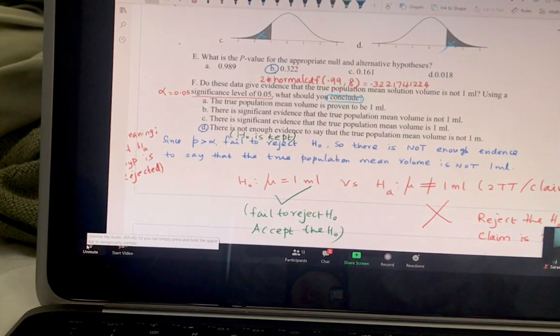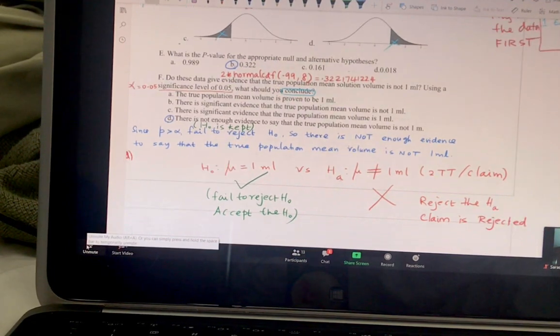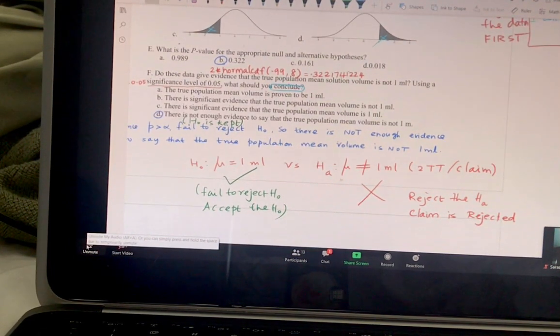Okay, so out of the two statements, one statement is mu equal to 1 ml versus another statement that mu is not equal to 1 ml. So since my p-value is much greater than alpha, I fail to reject the null hypothesis. That means I'm going to accept the null hypothesis. Stronger the p-value, I fail to reject the null hypothesis.